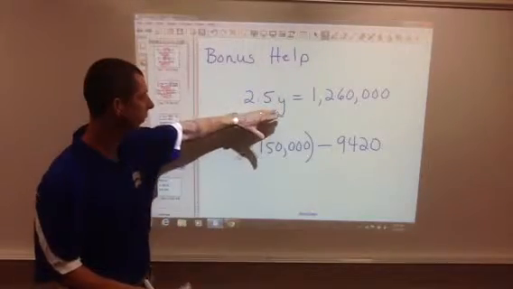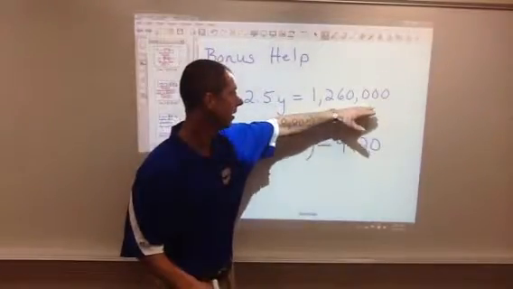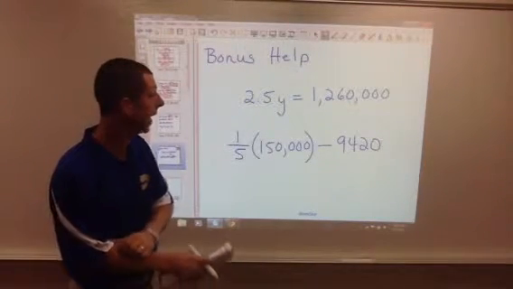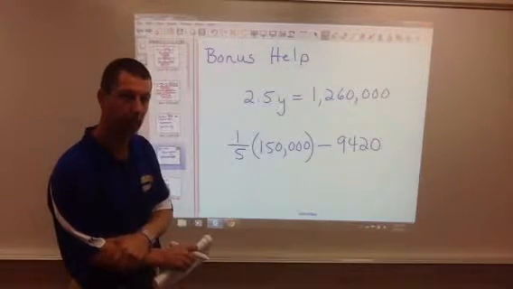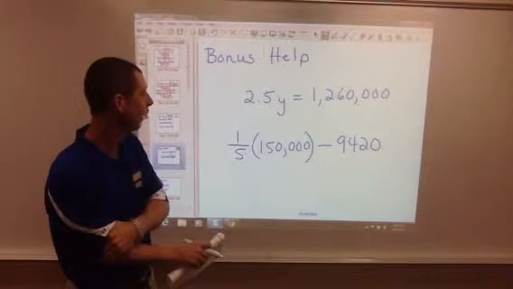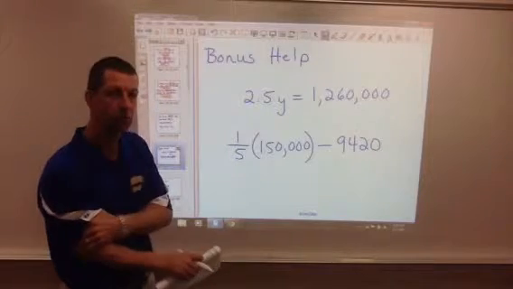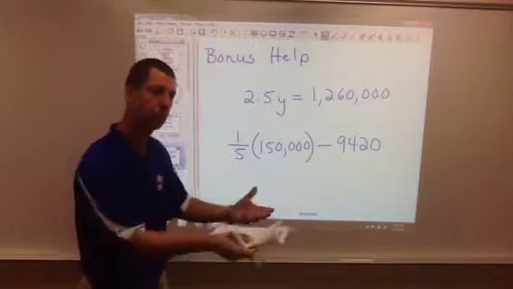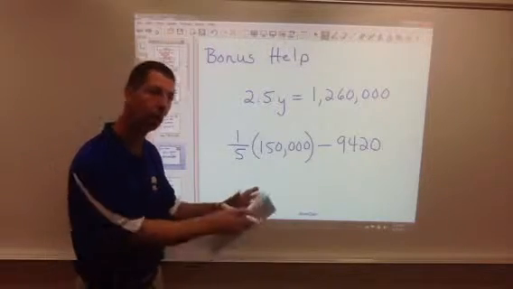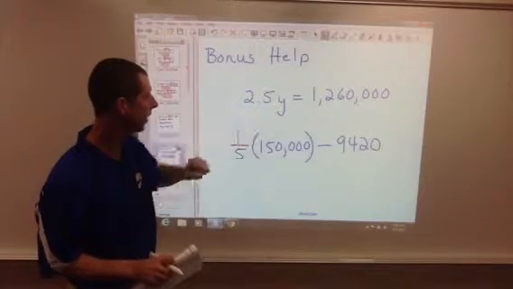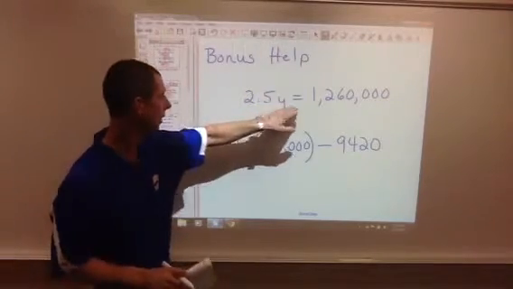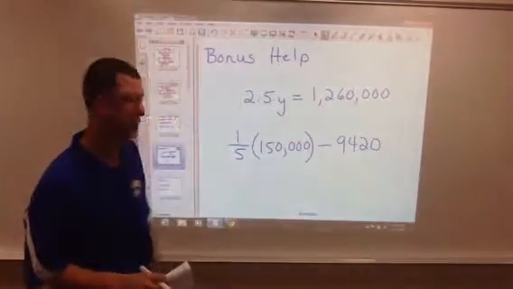This one here deals with Tiger Woods making this amount, 1,260,000 in a Masters tournament. That was 2.5 times more than he made in a Masters tournament he won earlier. So they wanted to know how much did he win in an earlier tournament. This would be the setup. 2.5 times y equals 1,260,000.